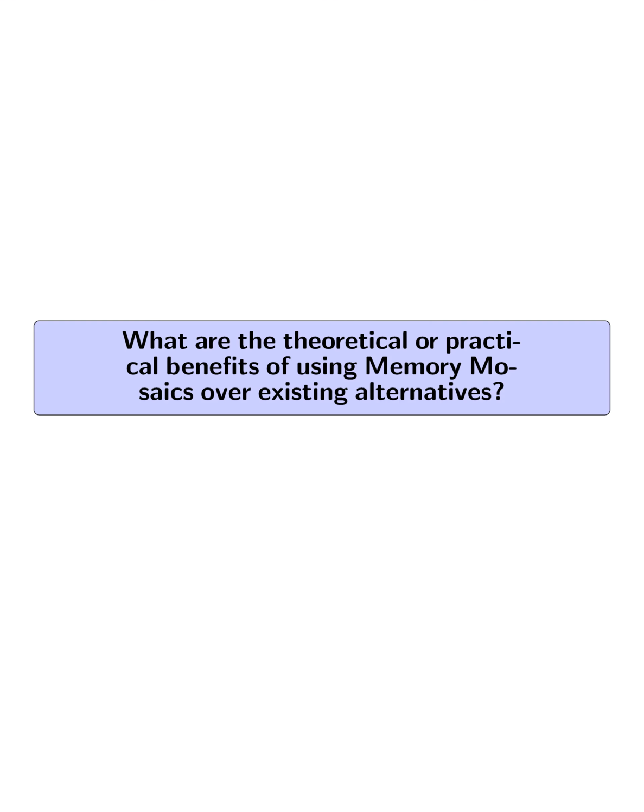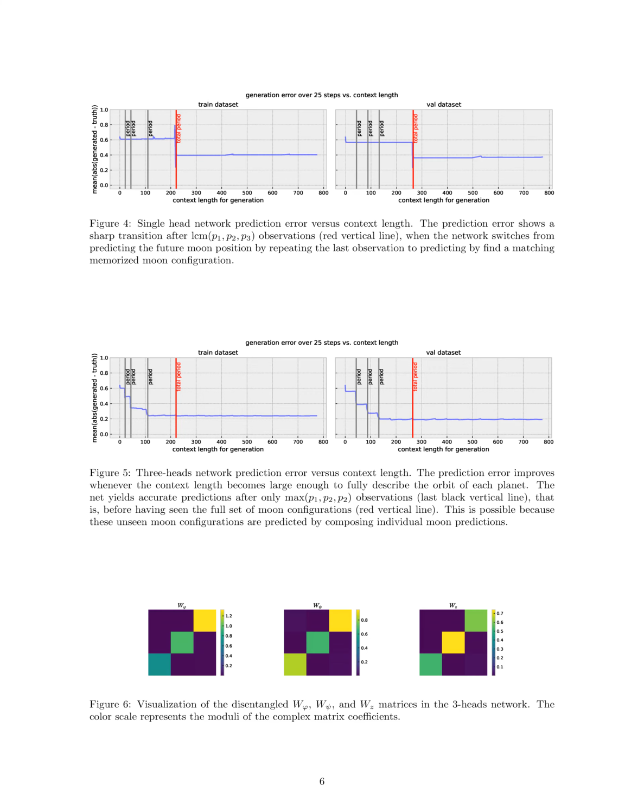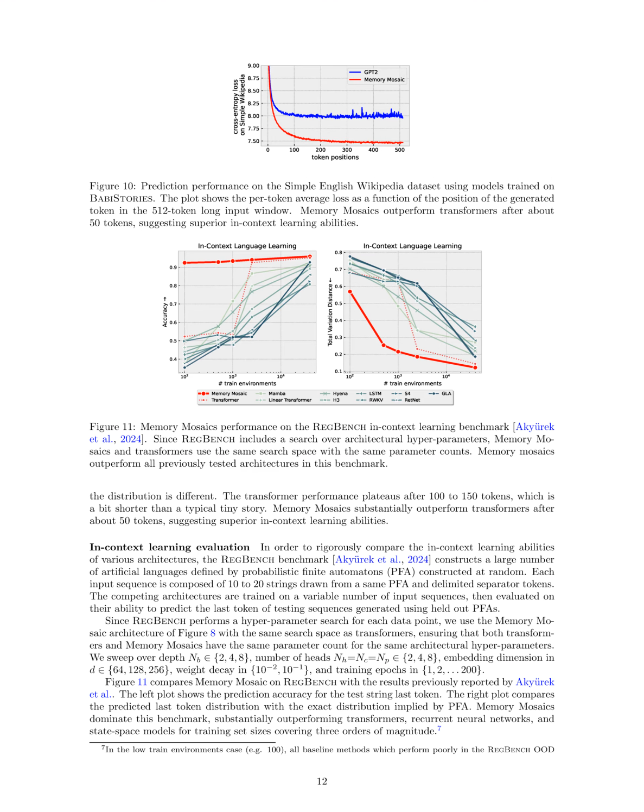What are the theoretical or practical benefits of using memory mosaics over existing alternatives? The theoretical benefits of using memory mosaics over existing alternatives lie in their ability to disentangle and compose knowledge in a transparent and efficient manner. Memory mosaics break down the overall prediction task into smaller, independently memorized fragments, which can then be recombined as needed.